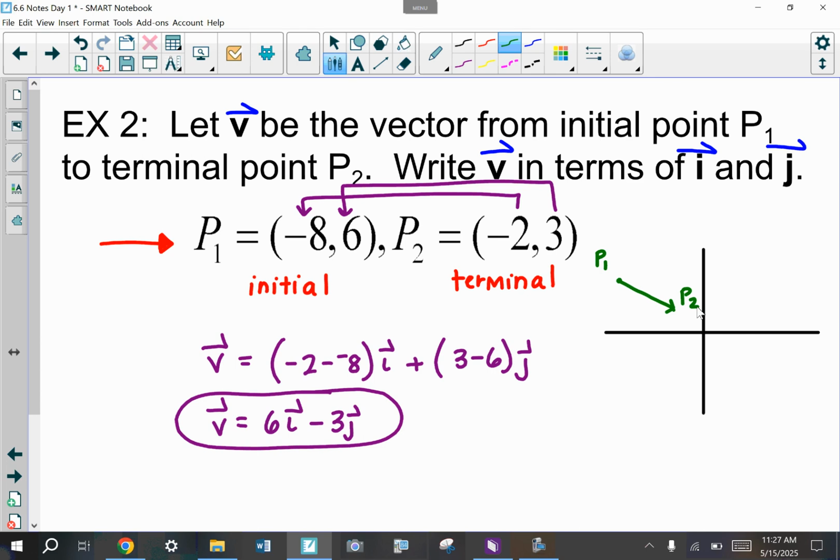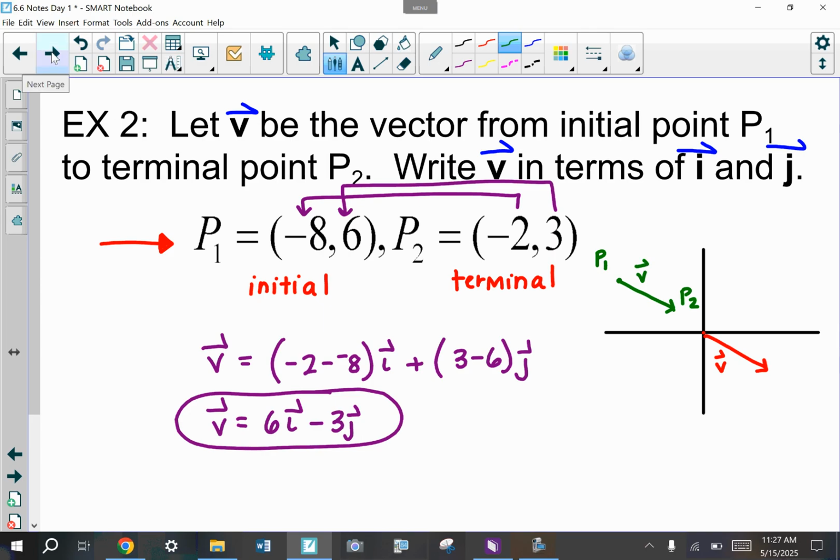Is that what's happening when I have 6i minus 3j? Would you agree it's going to the right and going down? So my position vector would start at the origin and go right 6 and down 3. So my position vector would just be somewhere here. So this would be vector v. As a position vector, this is just vector v, not as a position vector. Follow me there? That's just the difference. They're equal because they're going the same direction. They have the same magnitude.